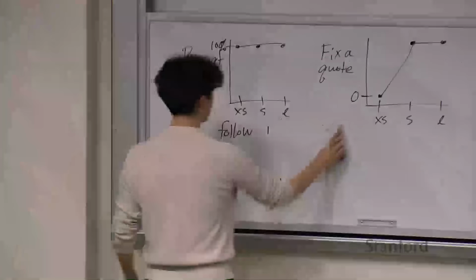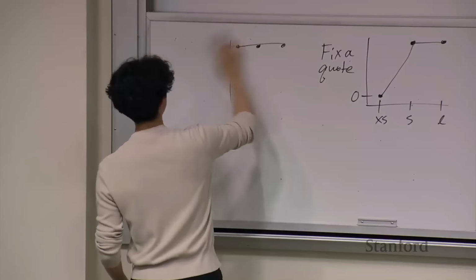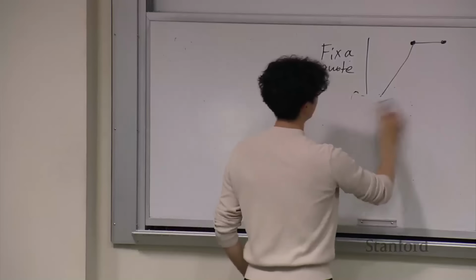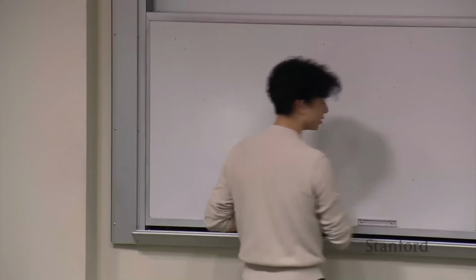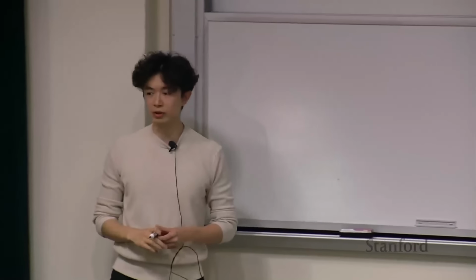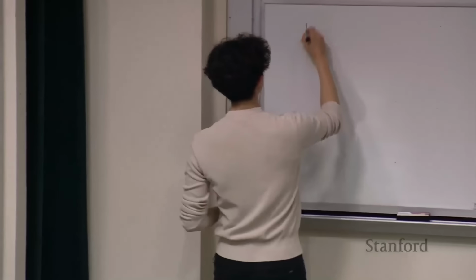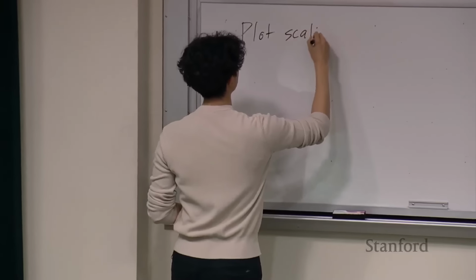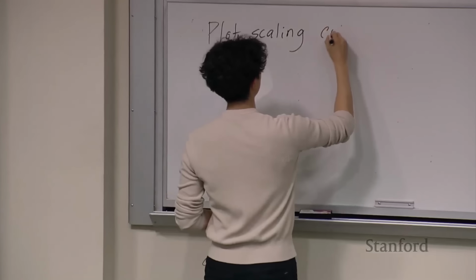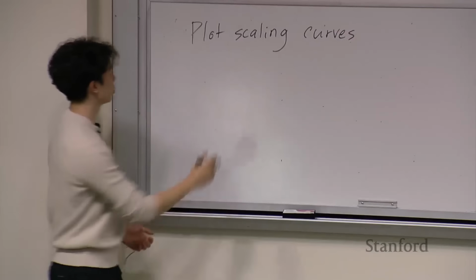So I will conclude with one general takeaway, which is applicable if you do research. And the takeaway is to just plot scaling curves. I'll give a really simple example.